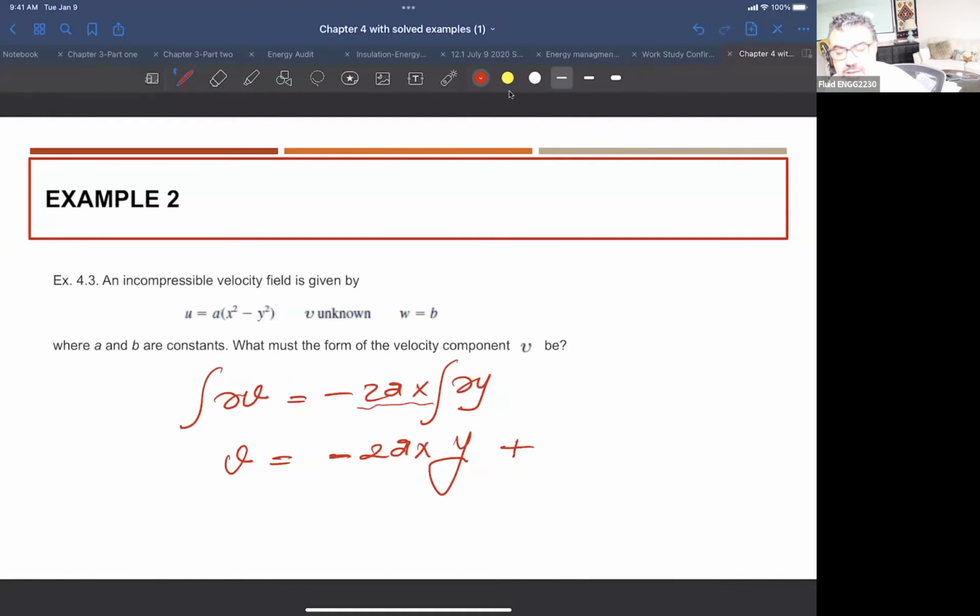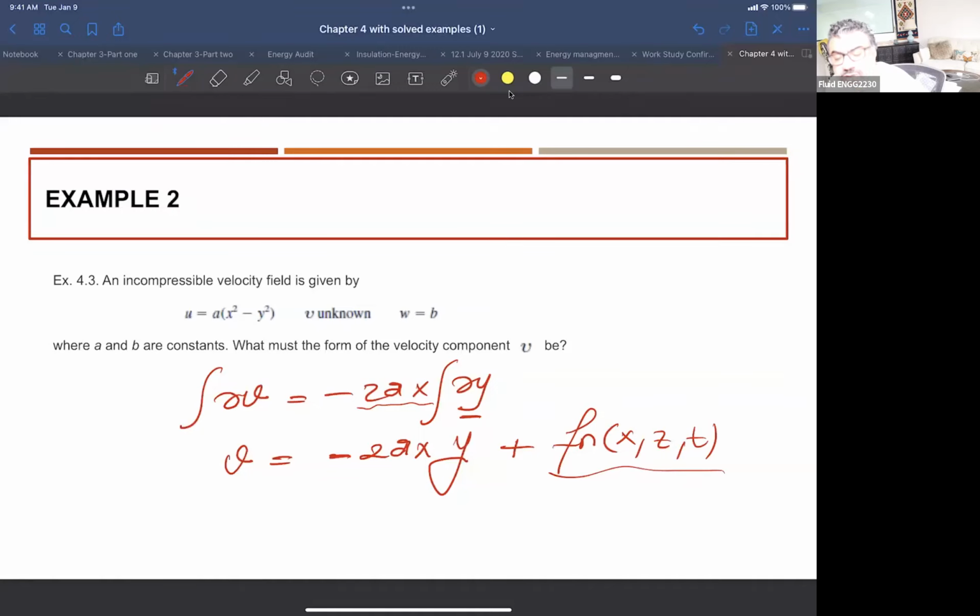And is this a real constant? Because this is a partial integration, the constant should be a function of the other variables that I'm not integrating with respect to. I'm integrating with respect to y, so it could be a function of x and z and also t, because we don't know.